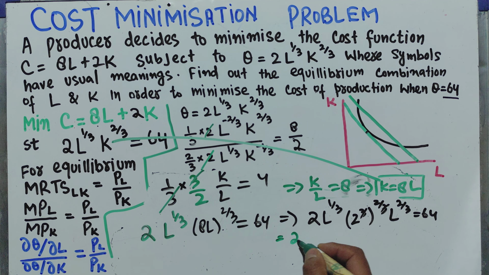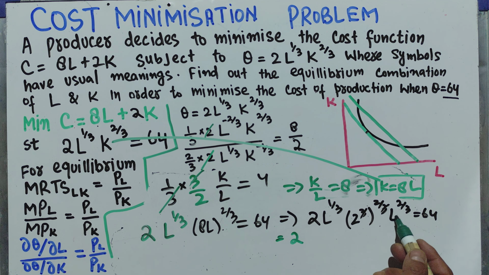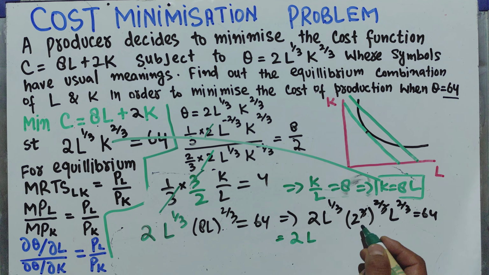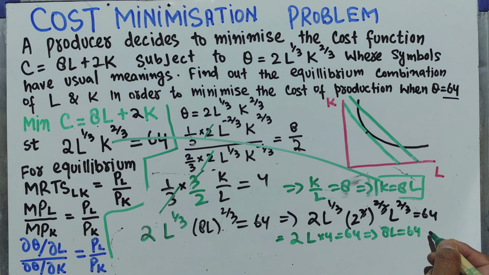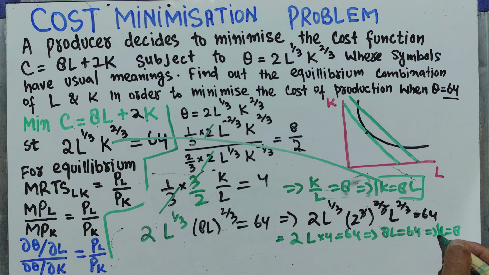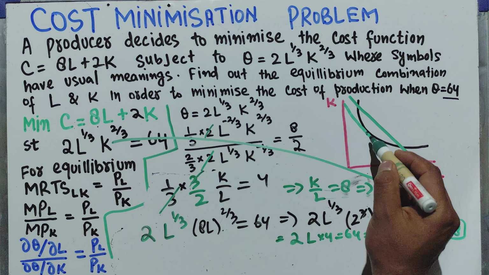So we get 2 L raised power 1 upon 3, L raised power 2 upon 3. 1 upon 3 plus 2 upon 3 is 1. So we get here L, and we get 2 to the 4 should be equal to 64, which implies 8L is equal to 64. Dividing both sides by 8, L will be equal to 8.